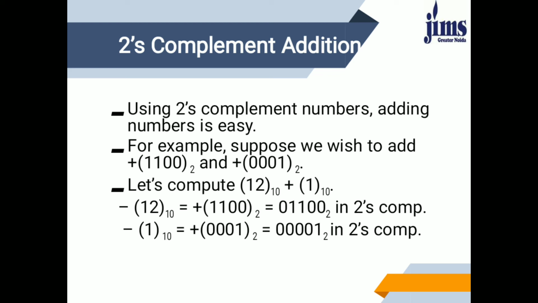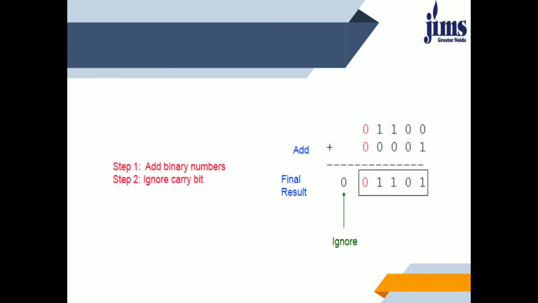Similarly, if we wanted to add minus 1, meaning minus 12 plus minus 1, then 0001 will be your 2's complement number. So if we wanted to add, we just simply write these 2 numbers and add them. See here, 1100 plus 0001.